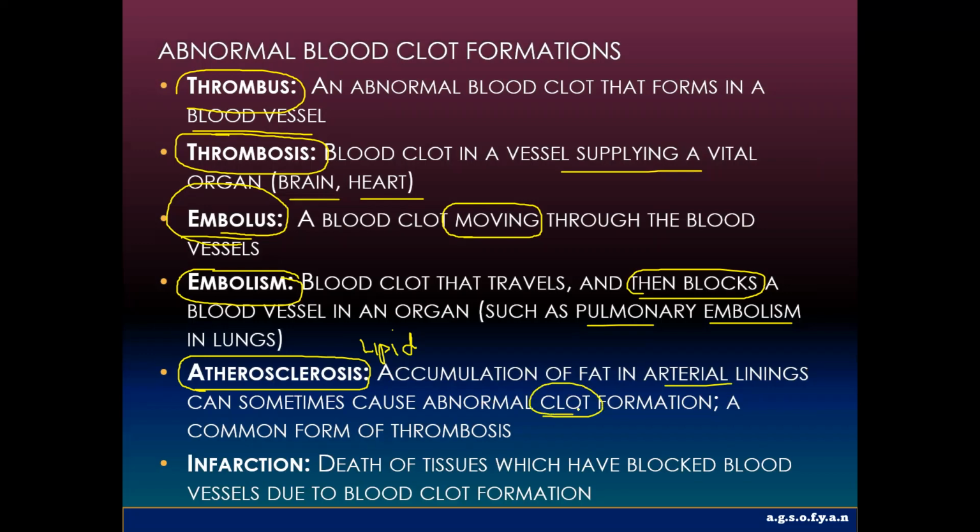So this is going to be the intrinsic clotting mechanism. And then the result is called infarction, which is the dead tissue on the organs where the blood vessels are blocked. So infarction is the dead tissue of the organ that does not receive the blood circulation or does not receive the blood.